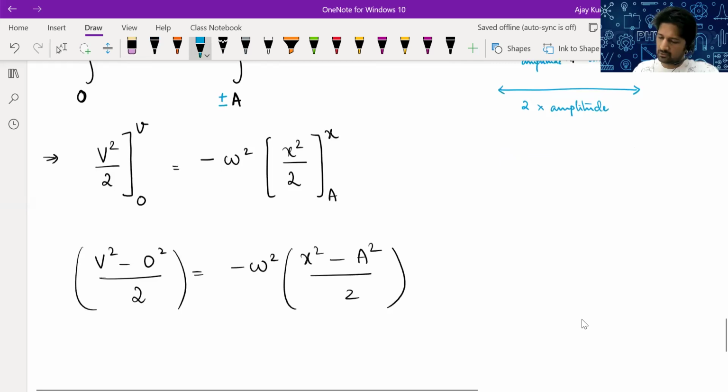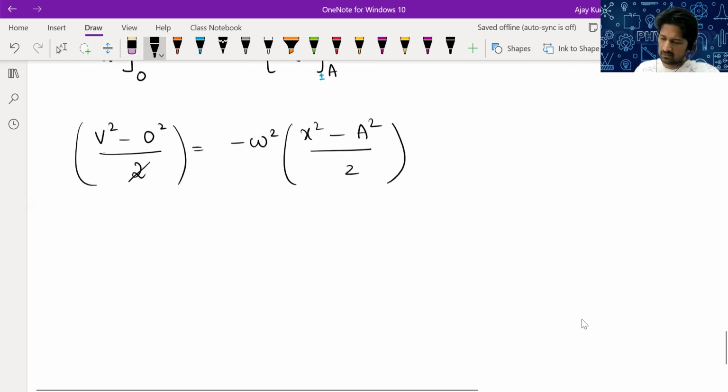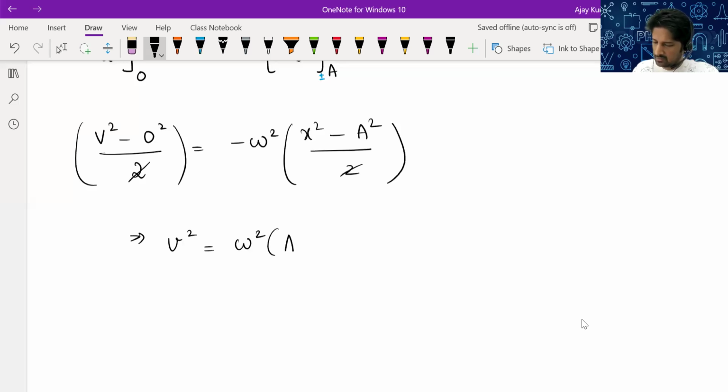You will get this relation. The divided by 2 will get cancelled. Send the minus inside on the right hand side. Effectively, what you get is V square is equal to omega square times A square minus x square.